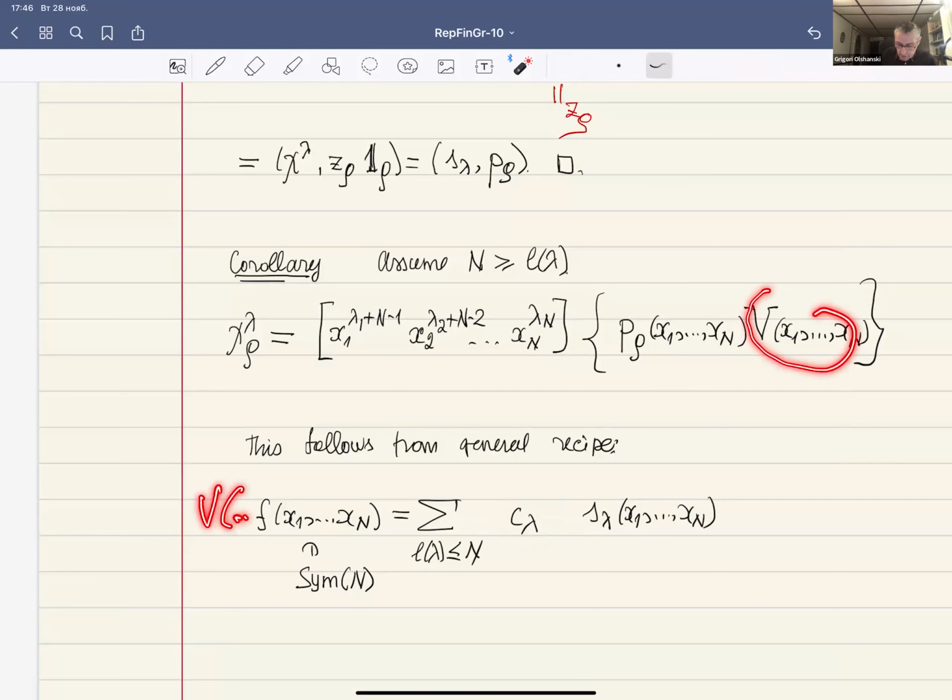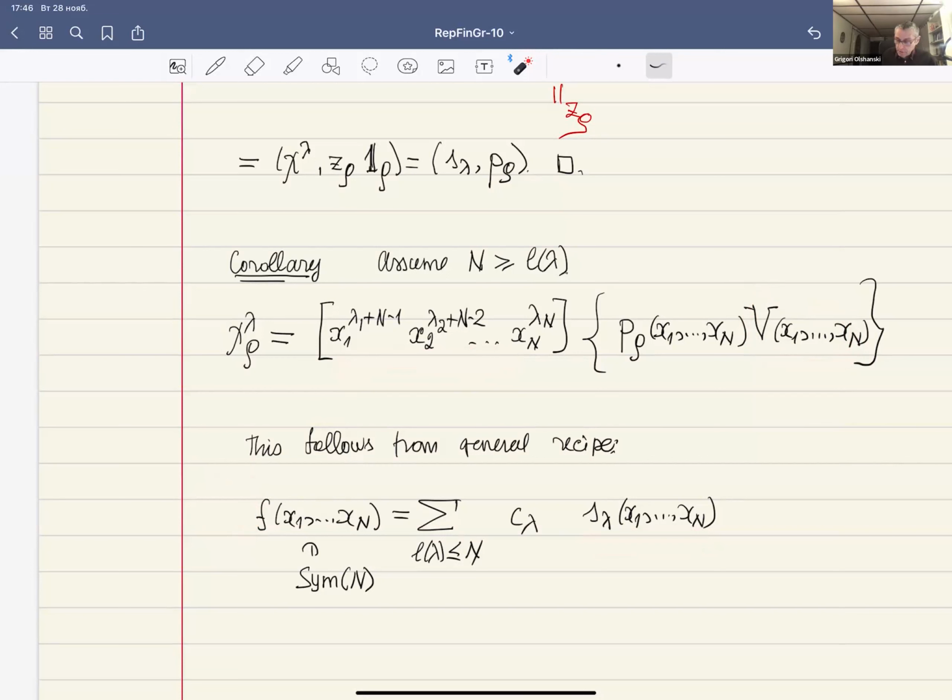So it appears here, and then this is transformed to the alternant. And just keep the leading monomial, which is this one, and take its coefficient. So this is exactly what I do.